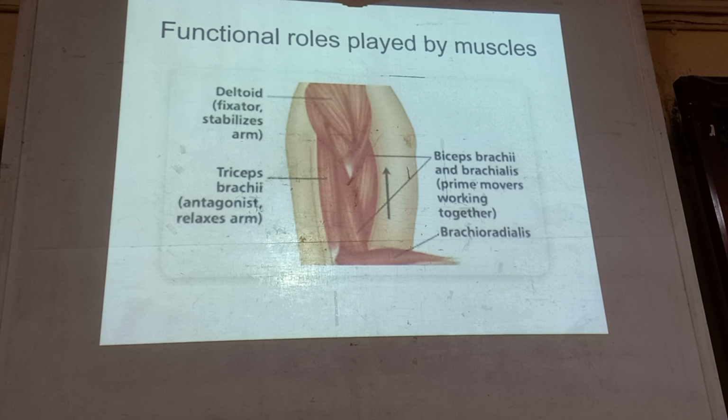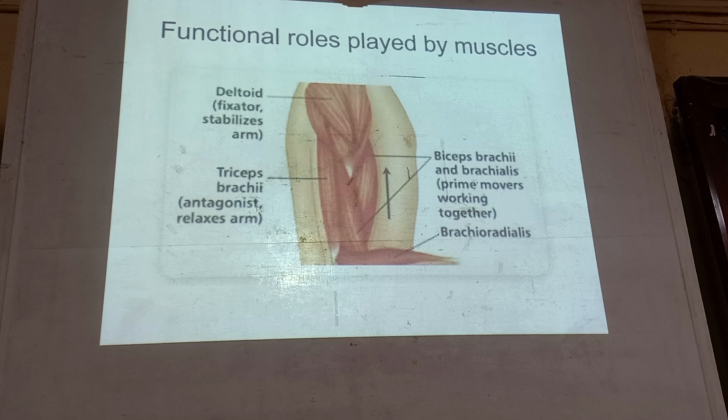Now the deltoid, supraspinatus, infraspinatus, teres minor, teres major and subscapularis, all these are keeping the shoulder joint steady. Remember, the fixator is never one single muscle. Fixator is a group of muscles which stabilizes the proximal joint.